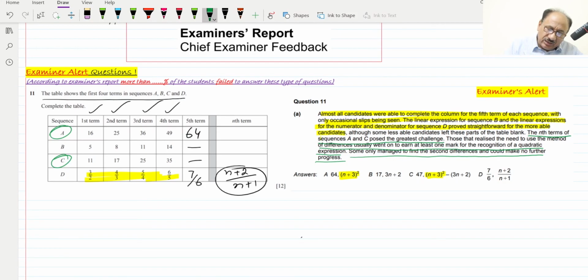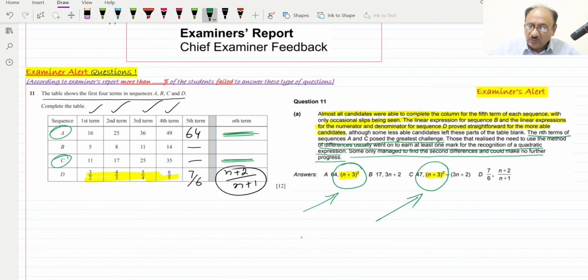A and C are involving quadratic sequences. You can see the answer for these two is involving squares. So quadratic sequences will be the next topic which I'll be uploading in a video. I'm not going into detail on how we are reaching these square values.